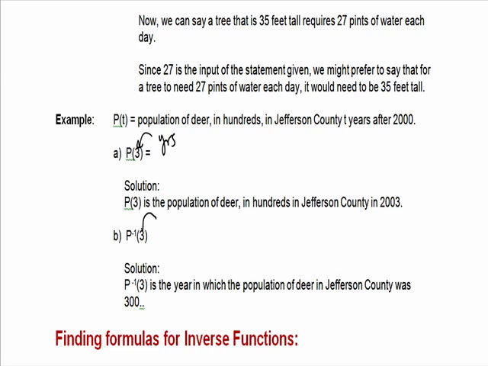This is now the population. So now our input is the population and our output is the time. So P inverse of 3 is going to tell us the year. It's going to give us the output of a year when the population was 300. So now we know the population is 300, and the output of the function would be the year when that occurs.